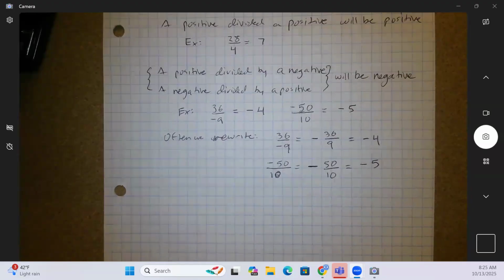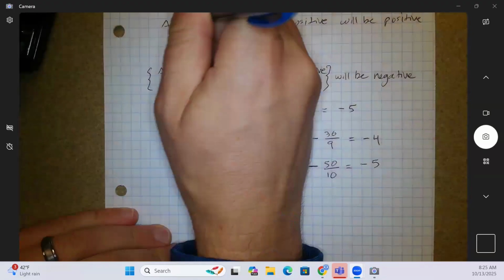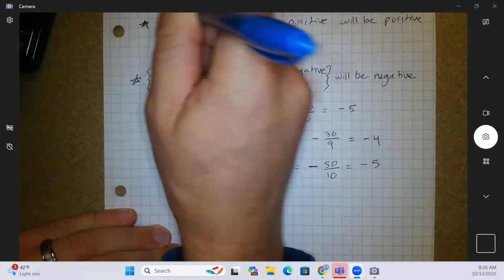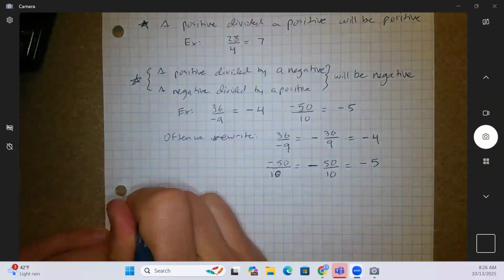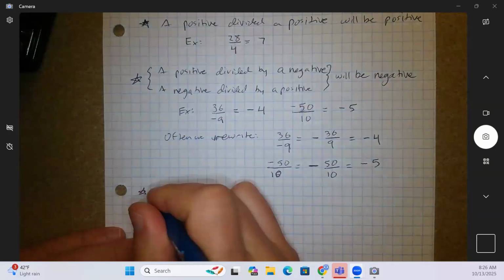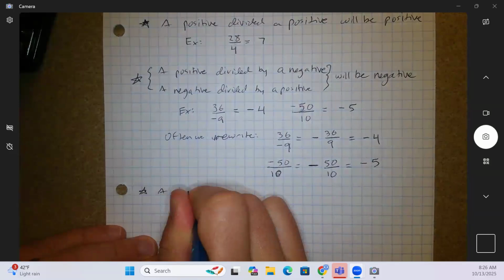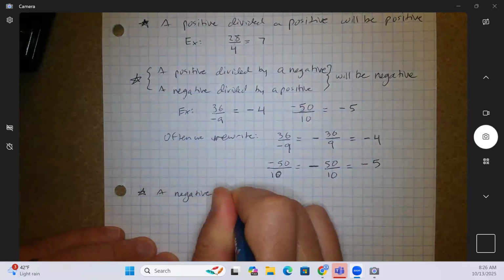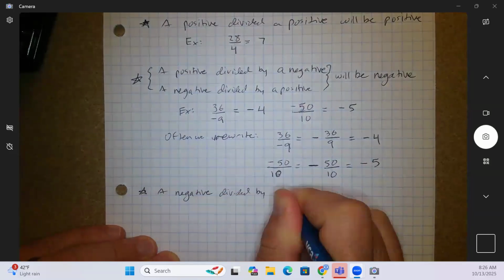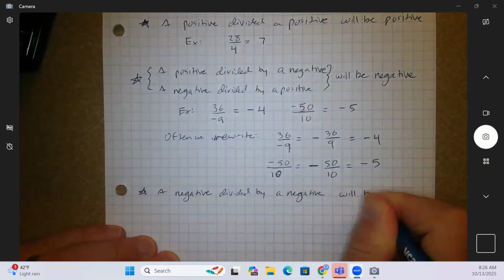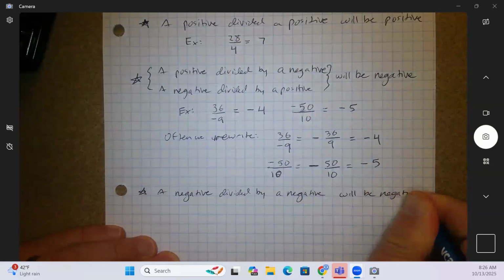Now there's two more rules for division. The first one is also analogous to the multiplication. A negative divided by a negative will be positive.